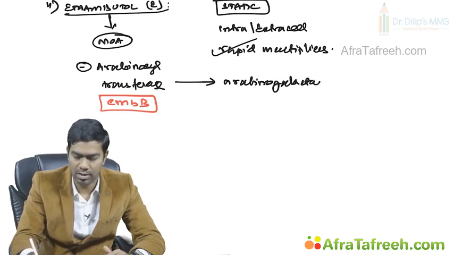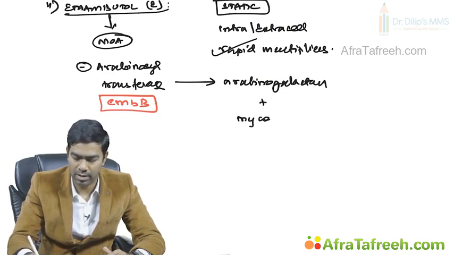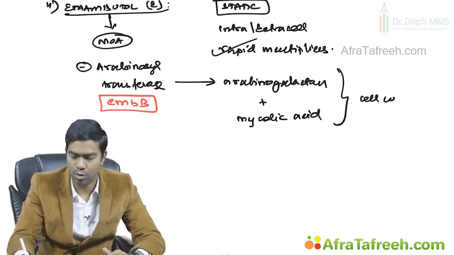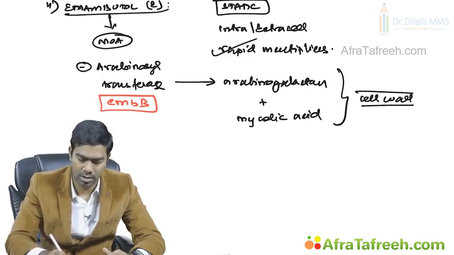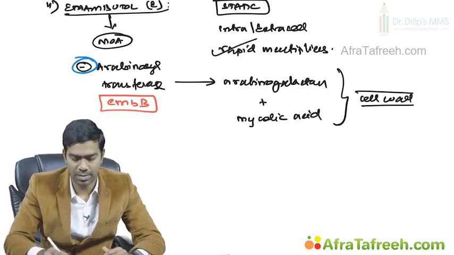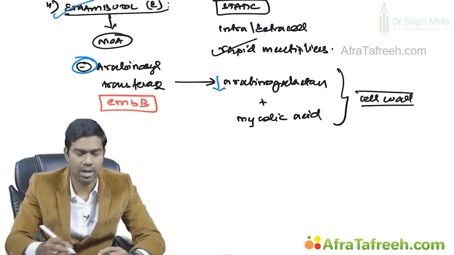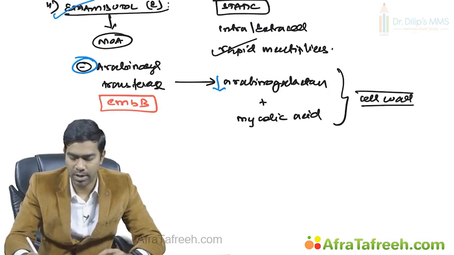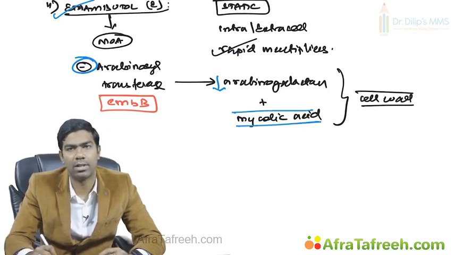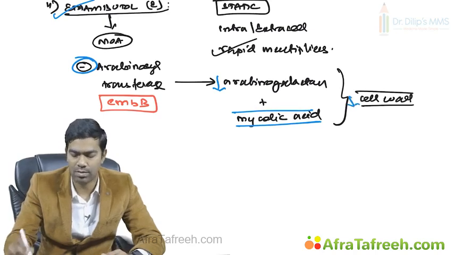And this has to combine with mycolic acid to produce a good cell wall. Clear? So because your arabinosyl transferase enzyme is inhibited by ethambutol, your arabinogalactan synthesis will drop, which means the mycolic acid cannot mix with the arabinogalactan, so that your cell wall synthesis will drop.